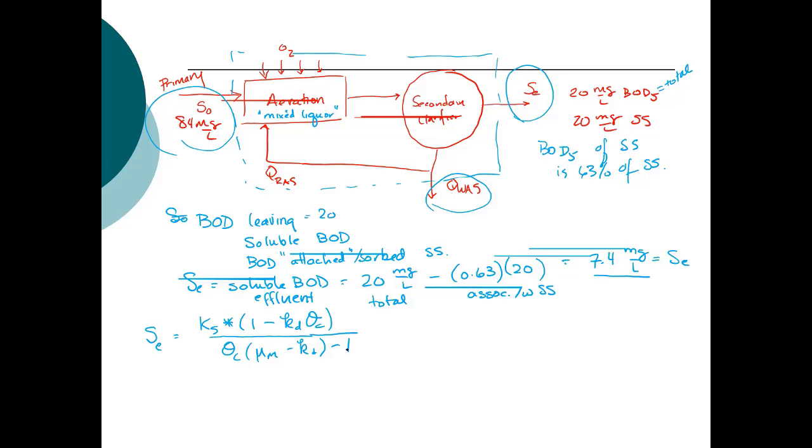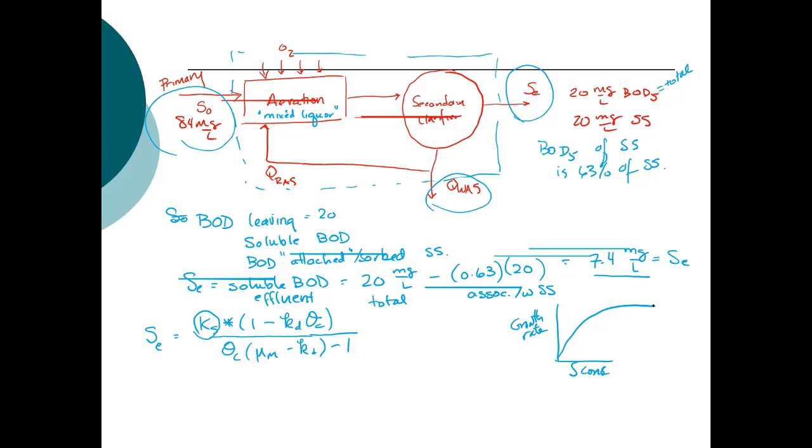Now, in the slide with all of the tables, it goes through all of these parameters. K sub S is the half saturation constant. If you look at the growth rate as a function of the concentration of the substrate, you get a curve that looks like this.